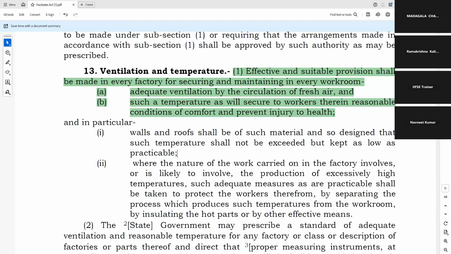Natural ventilation means providing windows and doors so that fresh air can enter and go away. Nowadays on the roofs of sheds there is a fan, a turbo fan, I'm not able to recall the exact name.